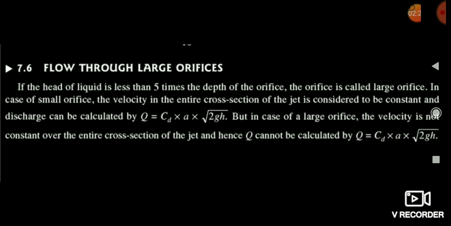Friends, आपको बहुत अच्छे से क्वेश्चन में most of the times they will mention that the orifice is large. Otherwise, they will give you simply the H value. And for small orifice, the formula is 2 by 3 into CD into root under 2g into H to the power 3 by 2. We will see the formula for small orifice in further slides.